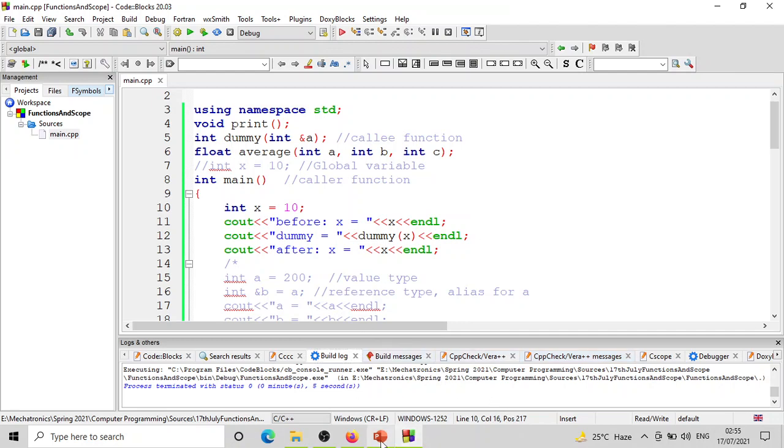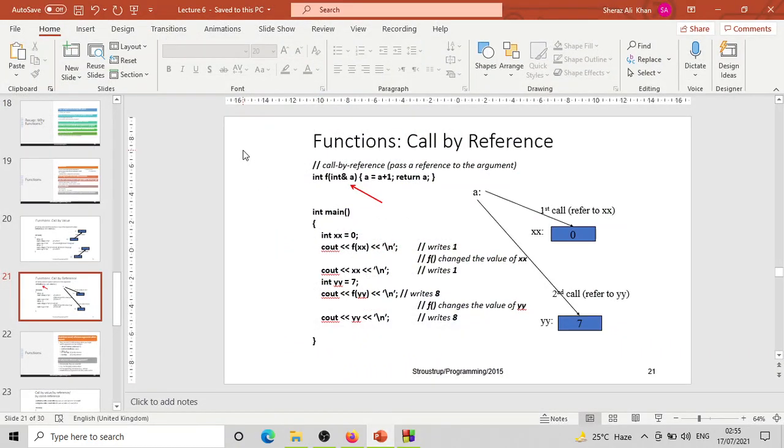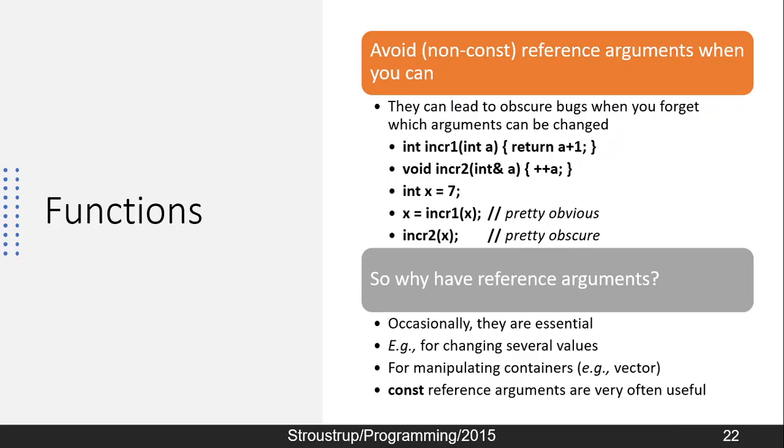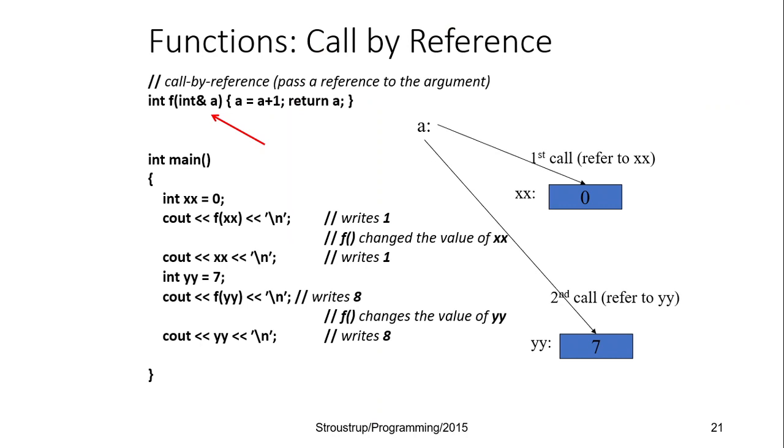I guess this is enough for this particular session. I hope you know the difference between value types and reference types, and you also know what we mean by calling a function by value and calling a function by reference.